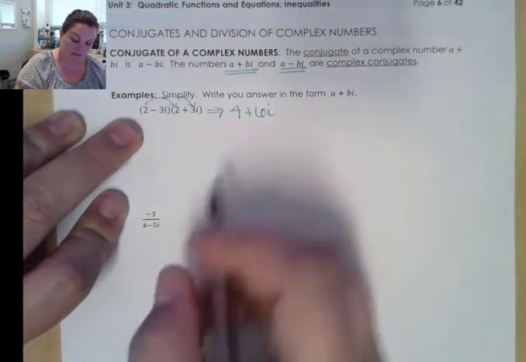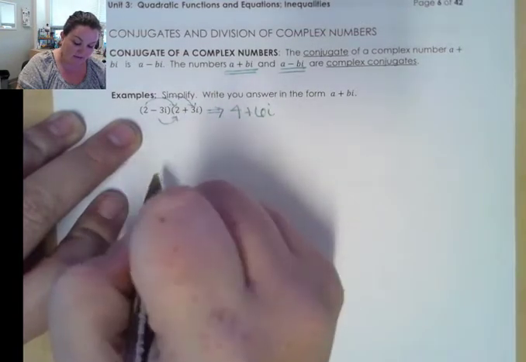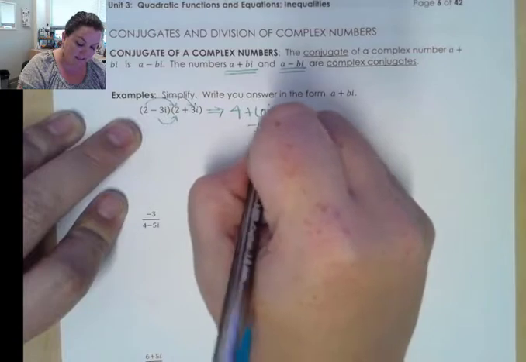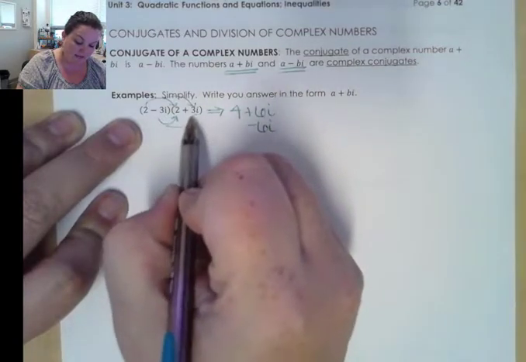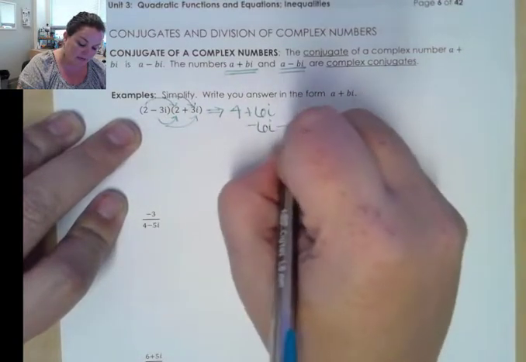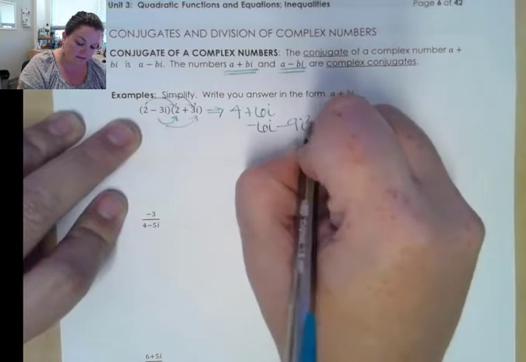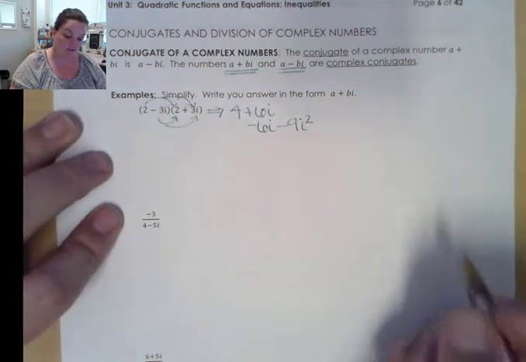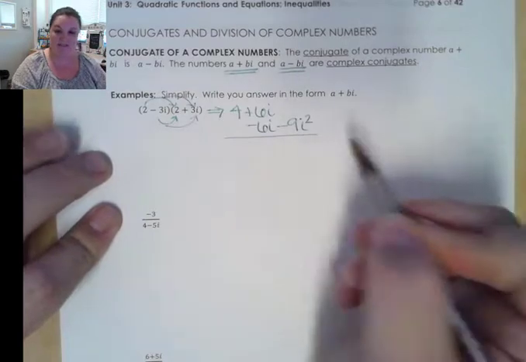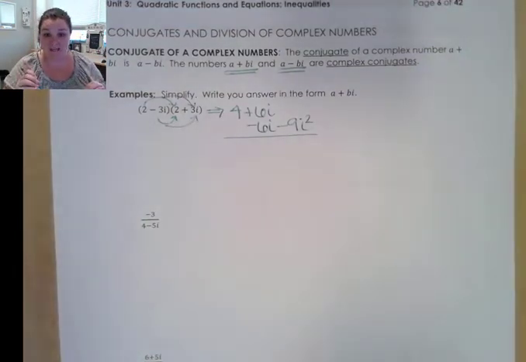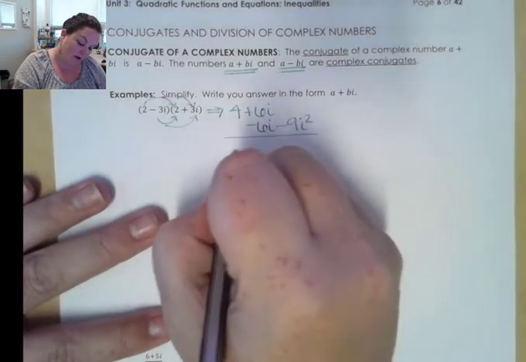Okay, then I distribute my -3i, which gives me -6i, and -3i times positive 3i gives me -9i squared. Okay, so notice what happens is we're hoping to get rid of all of our i's, right? And we have a 4 out front.